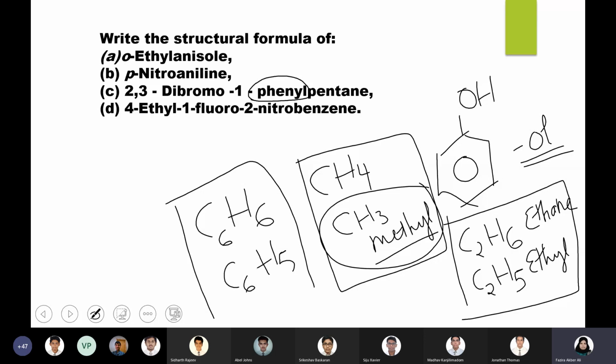At that time, rather than calling it benzyl, we call it phenyl. This is very important because most of the time people get confused between the words benzyl and phenyl. Benzyl is something entirely different, which we will discuss later. But phenyl is just a benzene ring that, when connected with something else, has one hydrogen less than the normal formula, so it is C6H5.